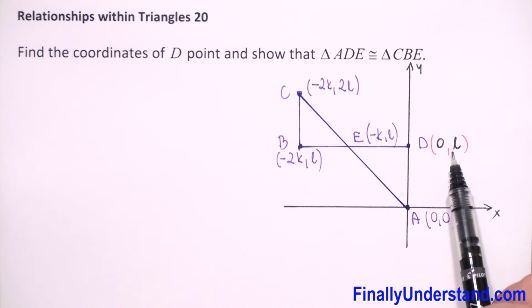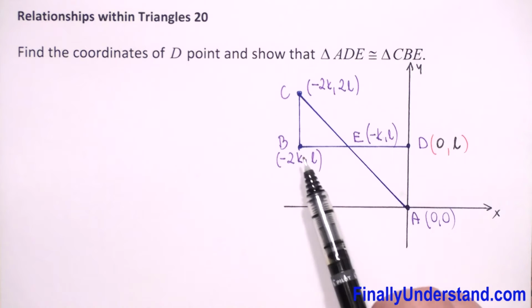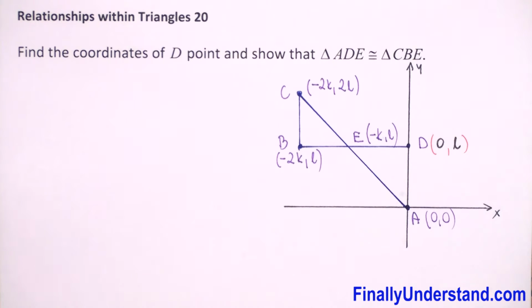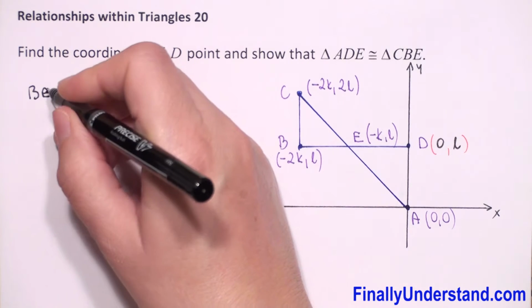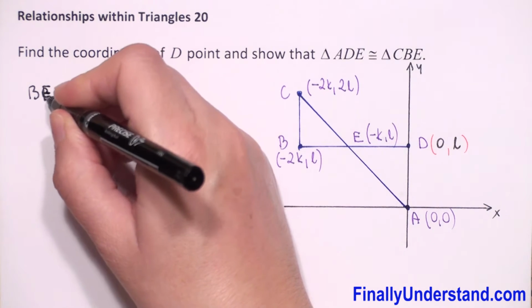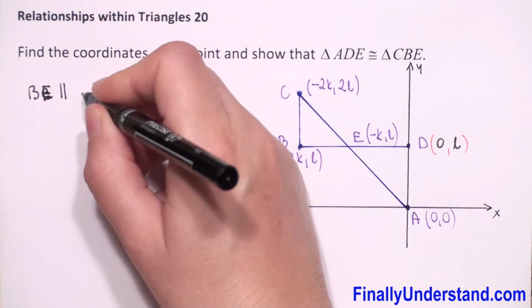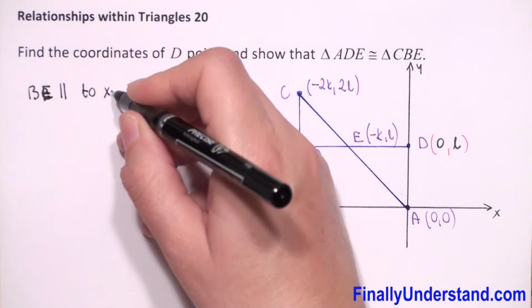So the second coordinate is the same as for BE. Let me write this. BE is parallel to x-axis.